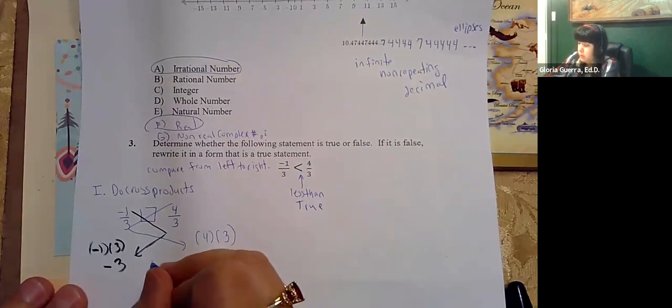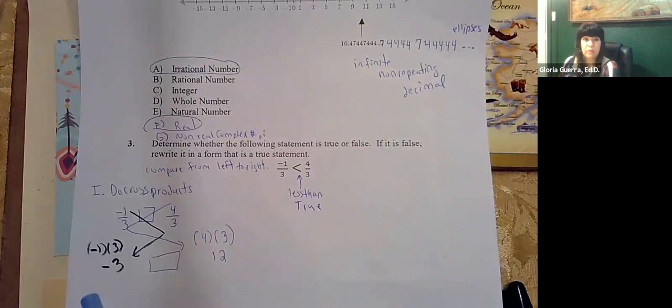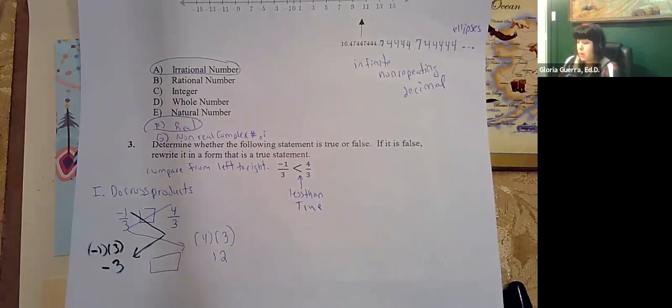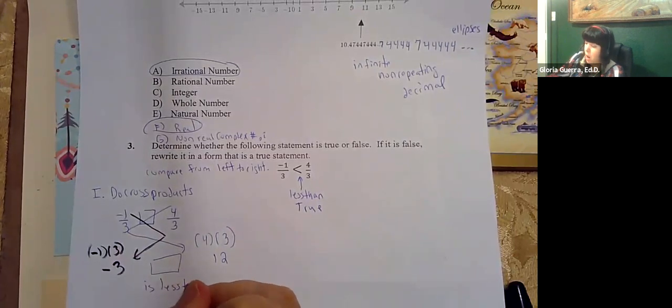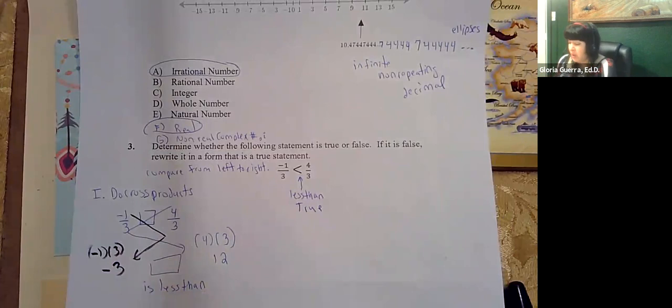So you're comparing now -3 with 12. And -3 is something that's less than 12. That's a symbol for that. Okay.